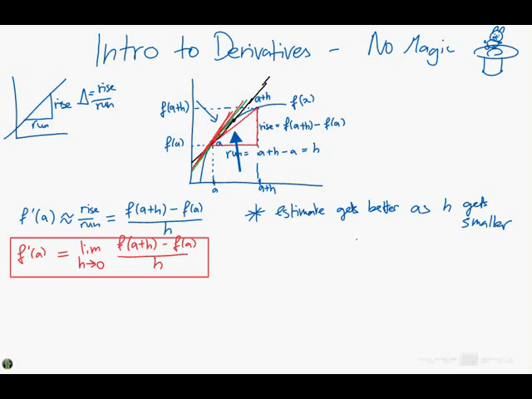So, the idea here is that h can get as close to 0 as possible, but it can't actually get to 0. And the reason it can't get to 0 is because, well, you've got rise over run, right? If your h is equal to 0, then you've got no equation. So h is not allowed to be 0, but h can be really small, like 0.00001.